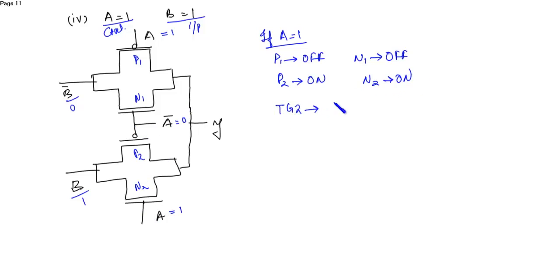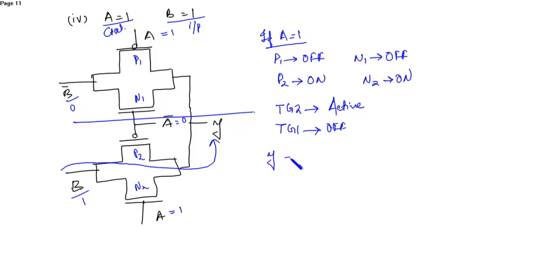So transmission gate 2 is now active while transmission gate 1 is off. So this input B will travel again to the output. So Y is equal to B. Here B is 1. So when A is equal to 1, B is equal to 1, then the output of the XNOR gate is 1. So this is verified.